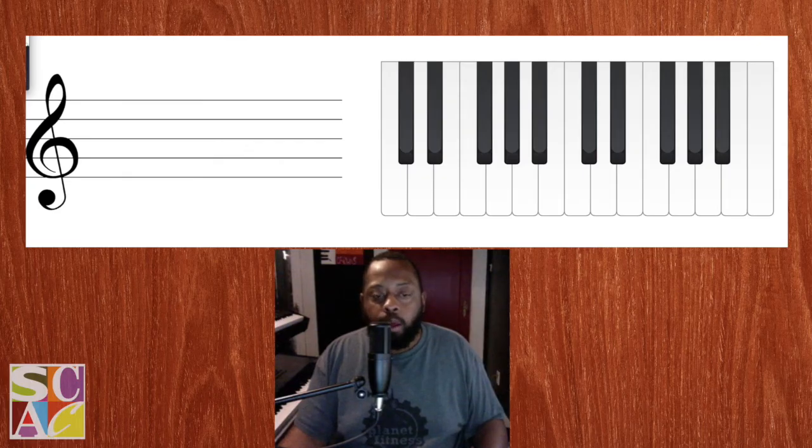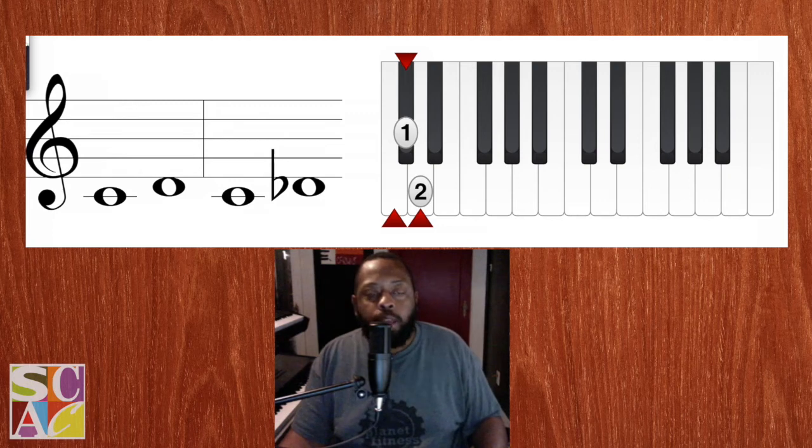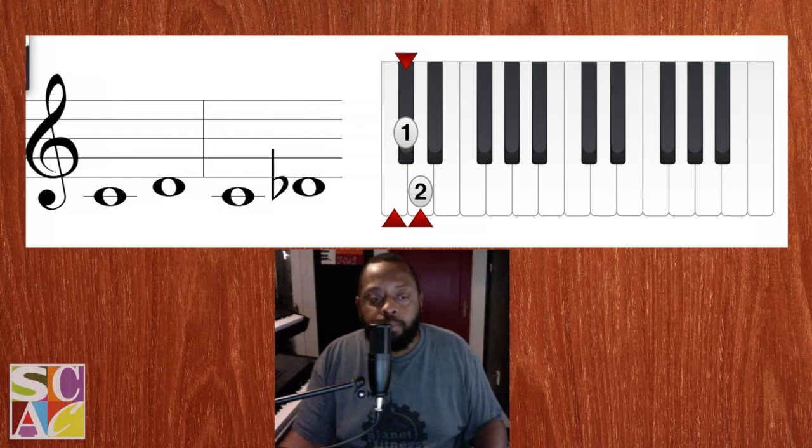Another type of interval that we're going to discuss is called a specific interval. These types of intervals are measured both on the staff and in half steps on the keyboard. So let's look at these two types of intervals. We have from C to D and C to D flat.